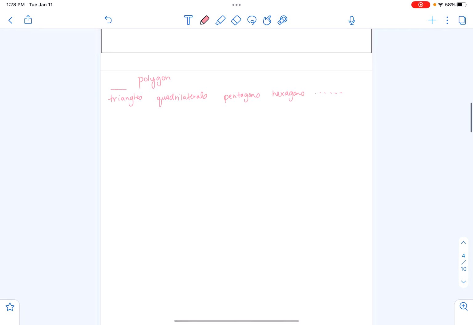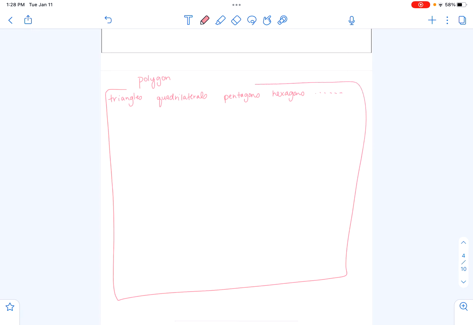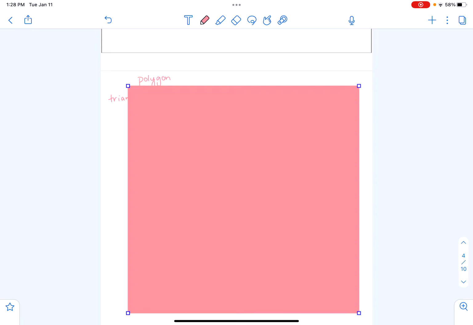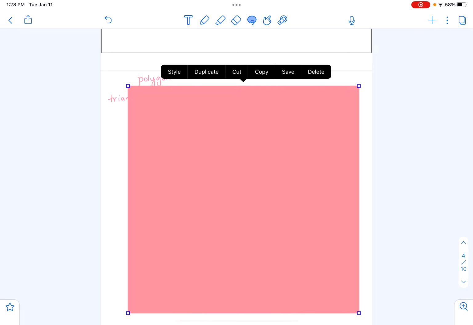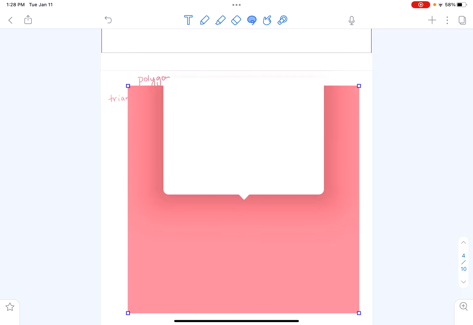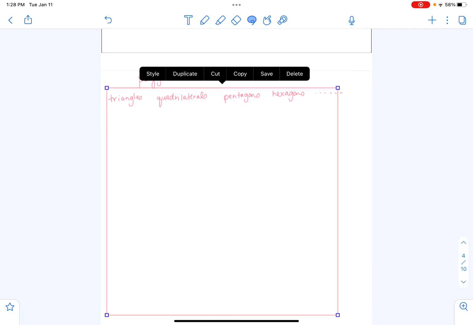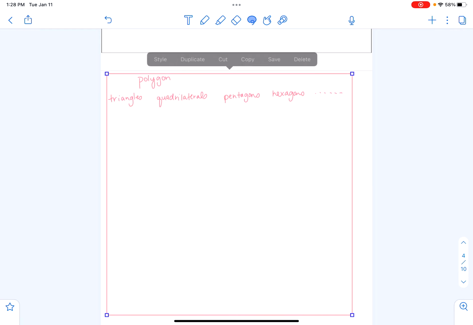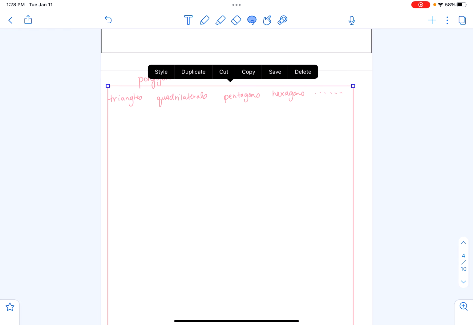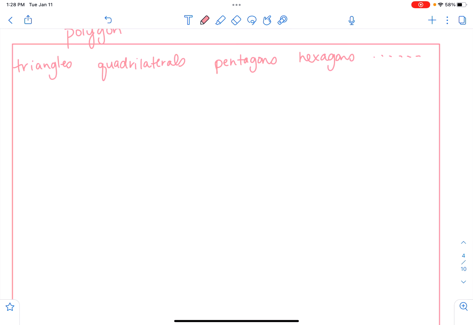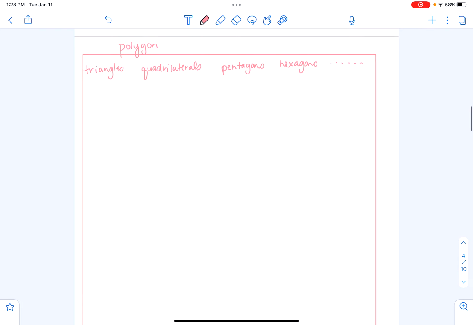So polygon is our overarching category. Then we had all of these types, but we're going to hone in on quadrilaterals.